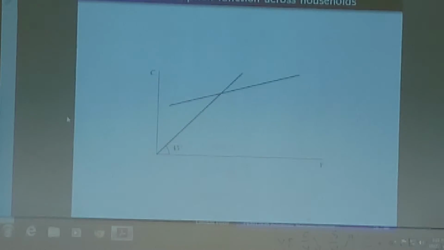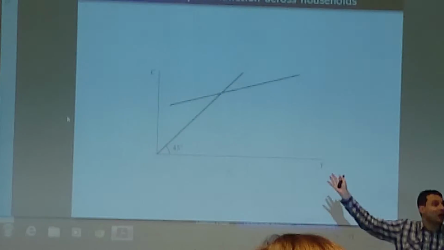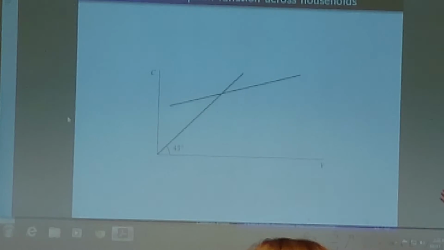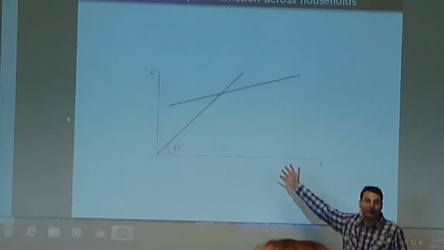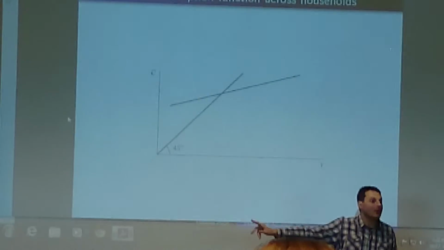When you look at those different types, this you can call a household study. You can look at a sample of households, for instance, 1,000 households for a given country, and according to most findings, you will see that households with higher income also have higher consumption.